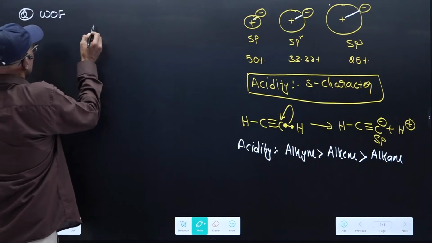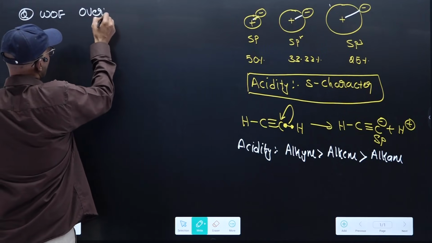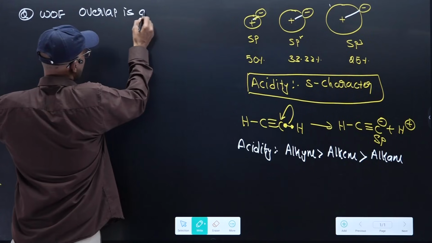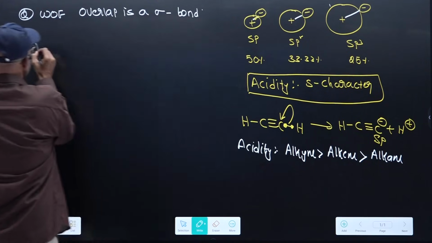See, which of the following overlap is a sigma bond? Which is a sigma bond overlap?